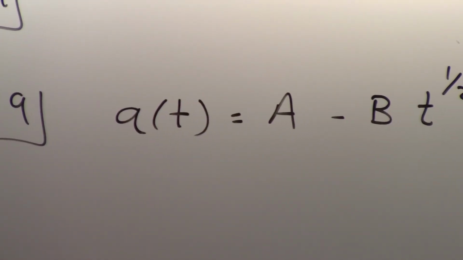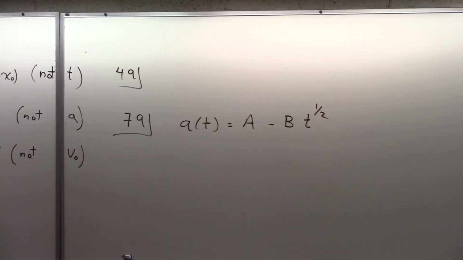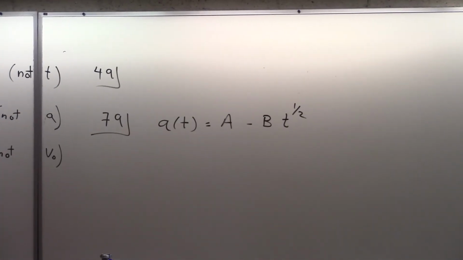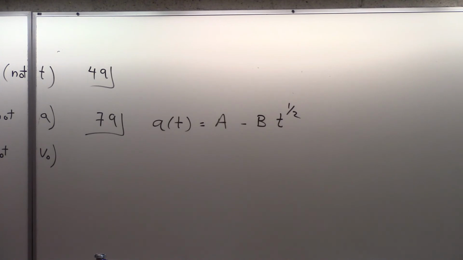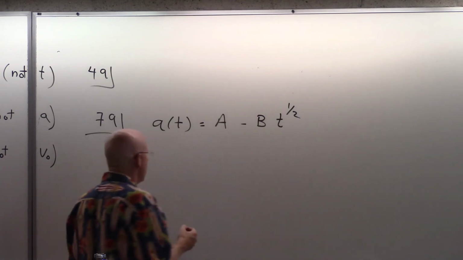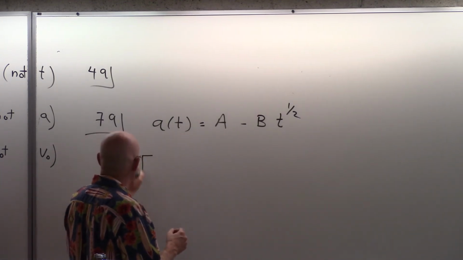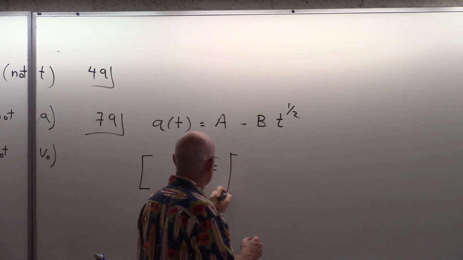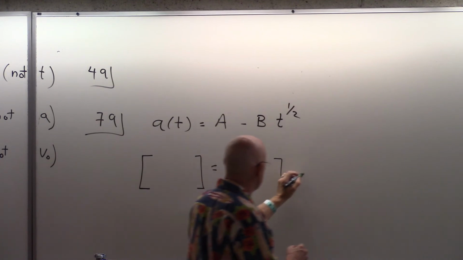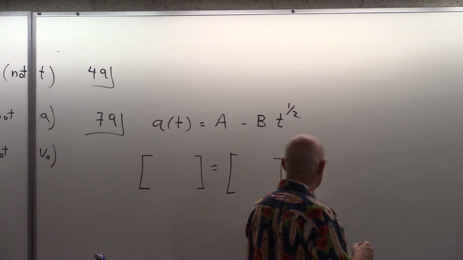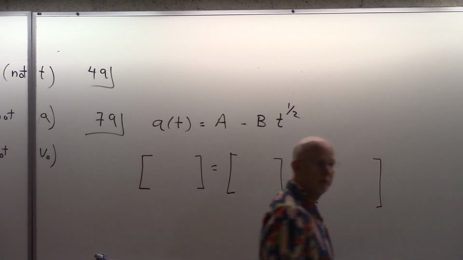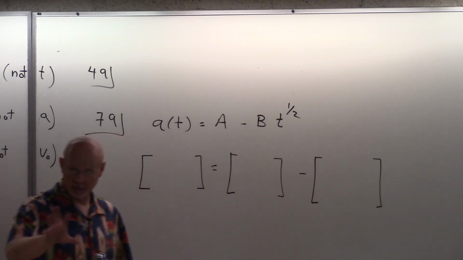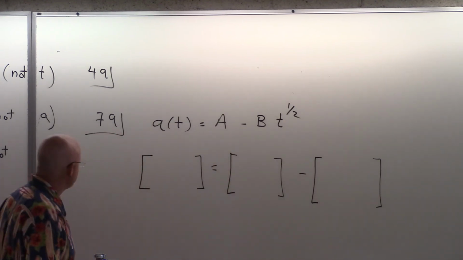Okay. A. If x is in meters and t is in seconds, what are the units for a and b? So when we work with units, we like to sometimes put these big square brackets to say, I'm not talking about the equation, I'm just talking about the units. So what do we measure?